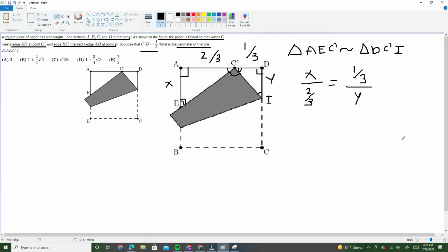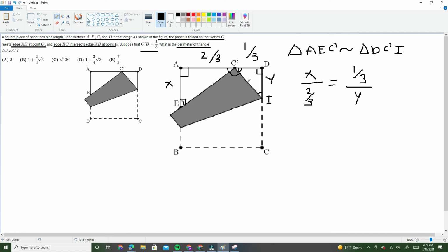So we can do that by actually just thinking about what's happening when this is folded, C prime and I. Like, we can think about this length, C prime I. When the paper original ABCD was folded about this point I, this length, C prime I, did not change.